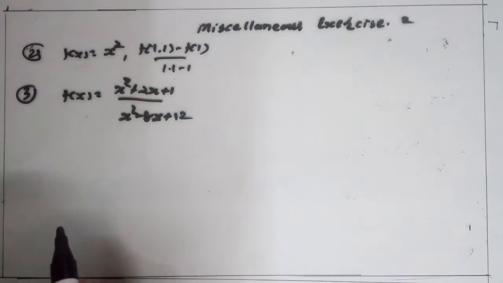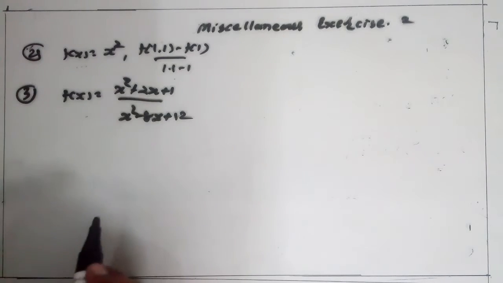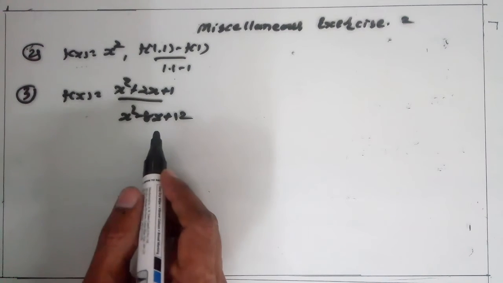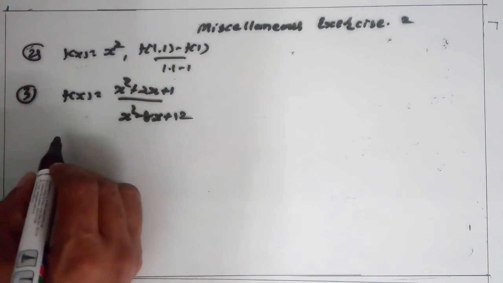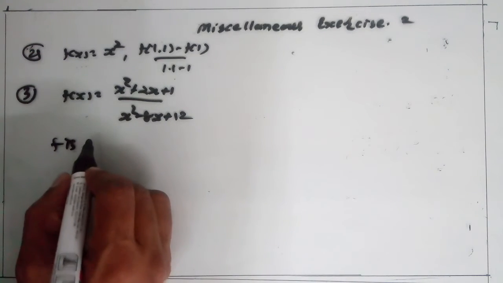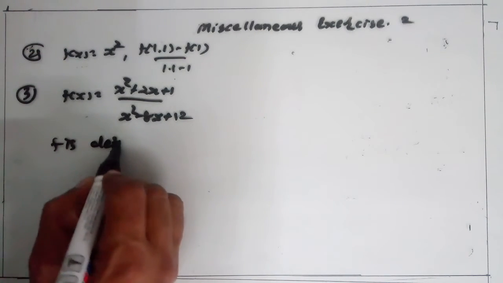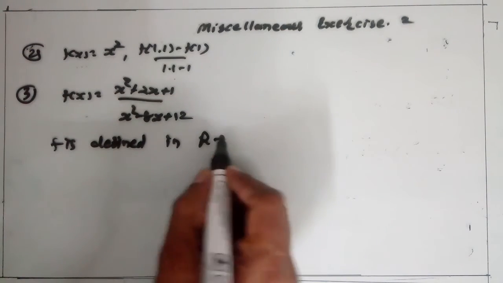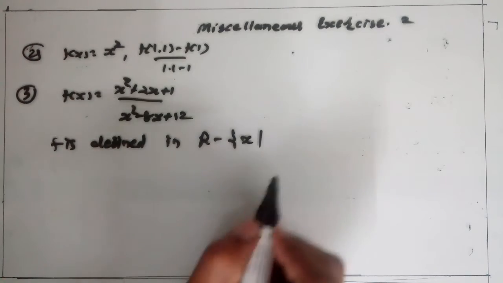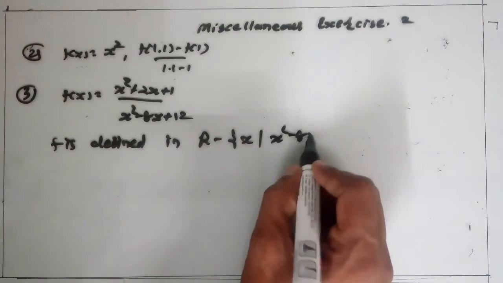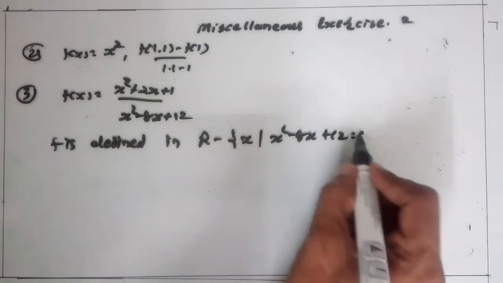That is, we remove all real numbers where this denominator becomes 0. That is, the zeros of this function we subtract from R. So f(x) is defined in R minus the zeros of these terms, x square minus 8x plus 12 equal to 0. Clear?